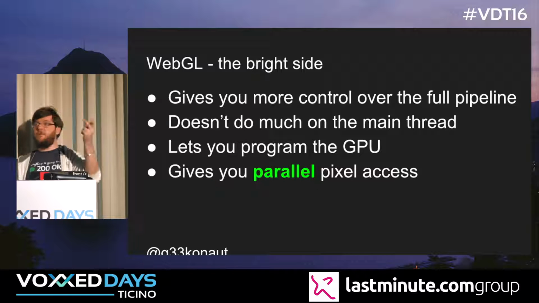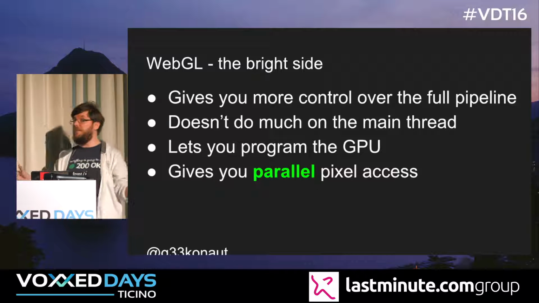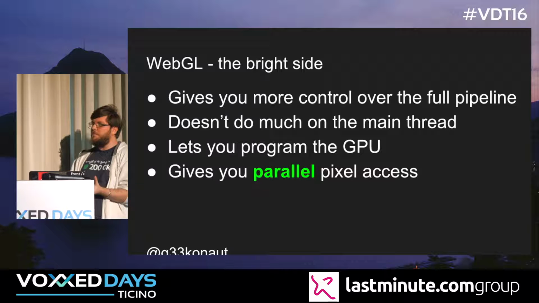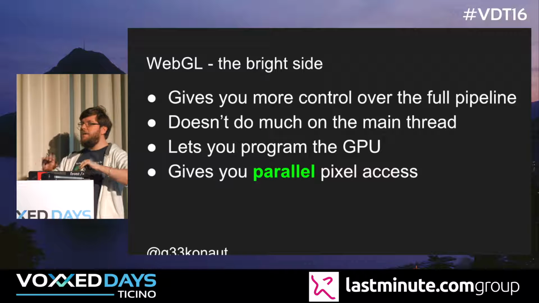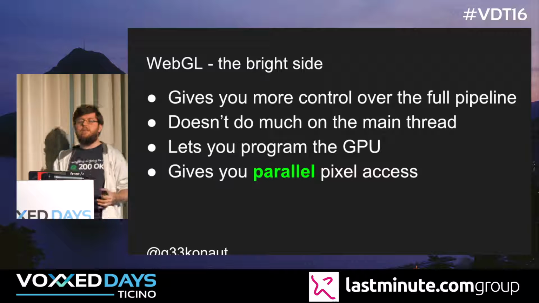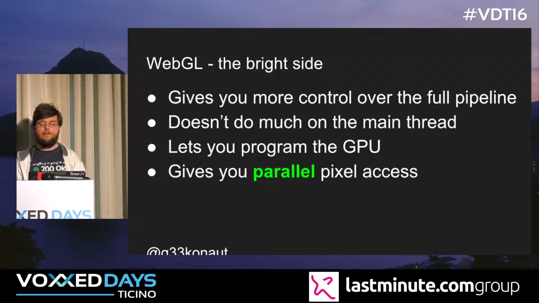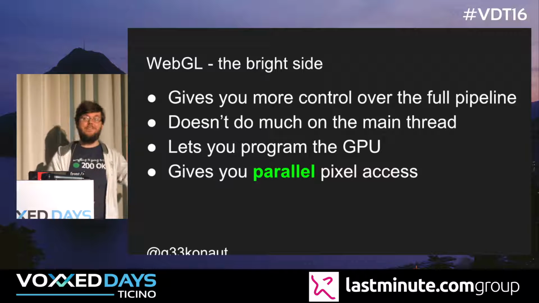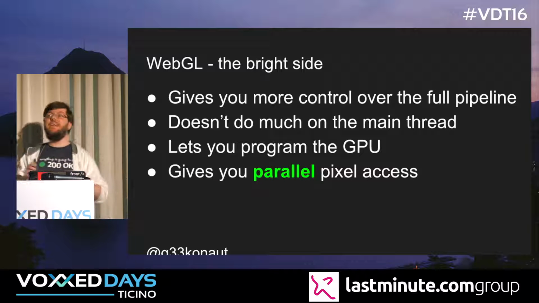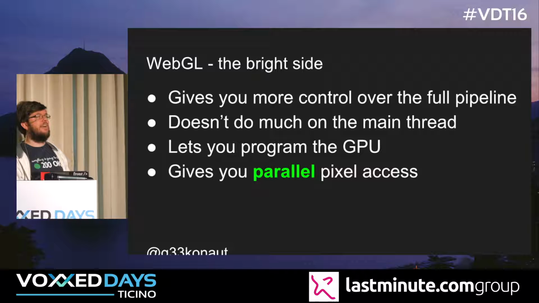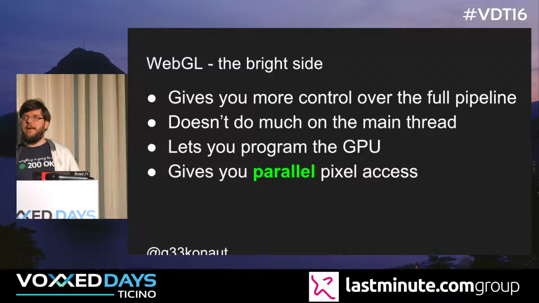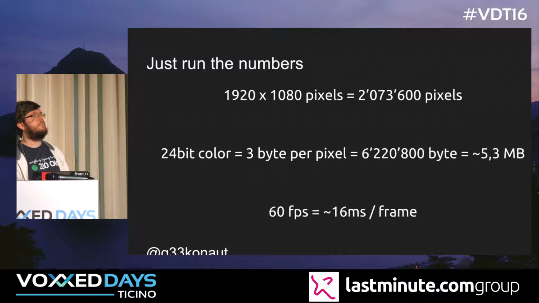Pixel number 5 is red no matter what happened before or after it. So theoretically, we could do it in parallel, but we can't because JavaScript. Here we now finally get parallel pixel access. And we get to write programs that run on the GPU. Hell yes, Bitcoin mining, here we come. No, actually Bitcoin mining is blacklisted, I heard. I haven't tried that. So yeah, just a quick overview.